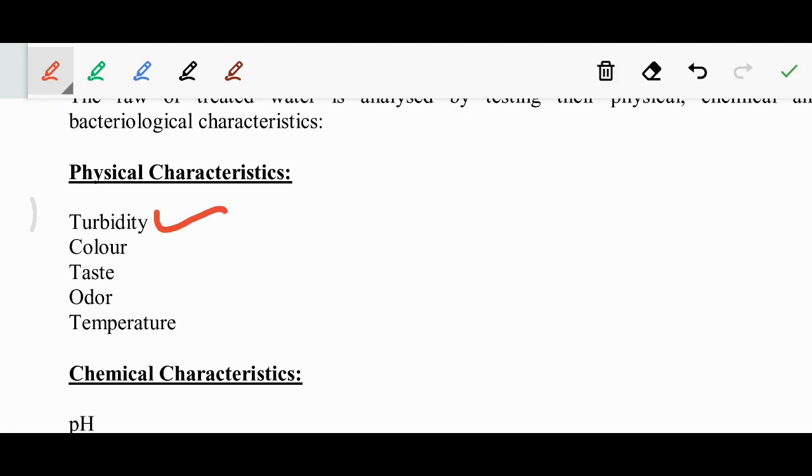So physical, we can test turbidity, what is the nature of turbidity in that particular water sample. Color, you can see with your naked eye. Taste, odor, that is smell, and the temperature of the given sample.